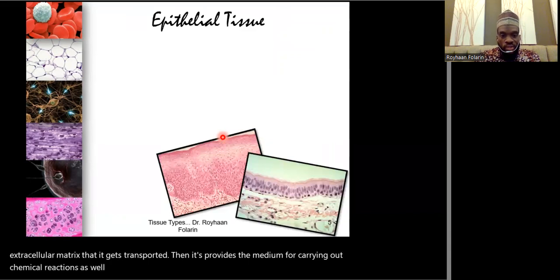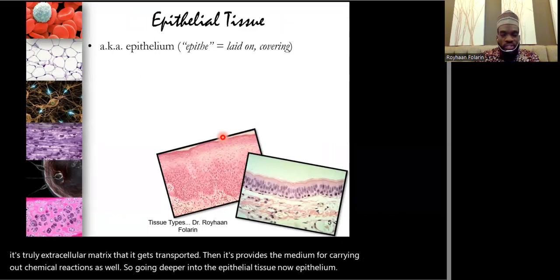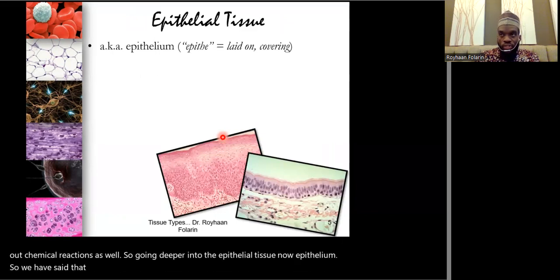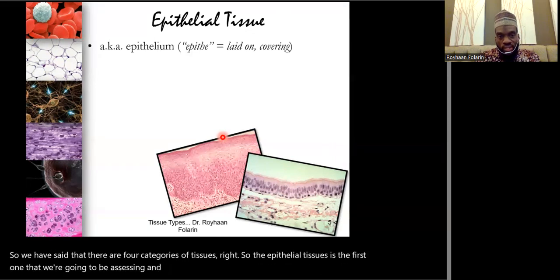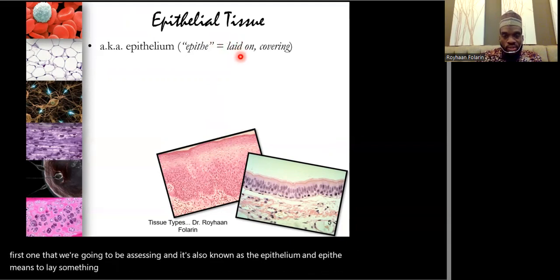So going deeper into the epithelial tissue, now epithelium, we have said that there are four categories of tissues, right? So the epithelial tissue is the first one that we're going to be assessing. And it's also known as the epithelium. And epithe means to lay something on, something that is laid on, or a covering, right?